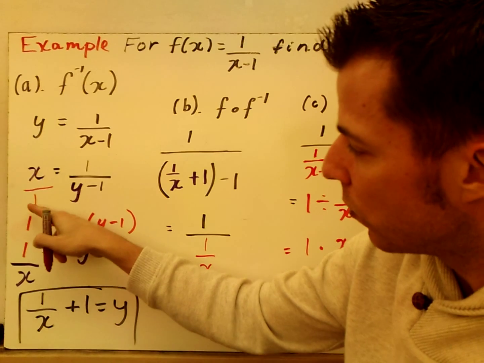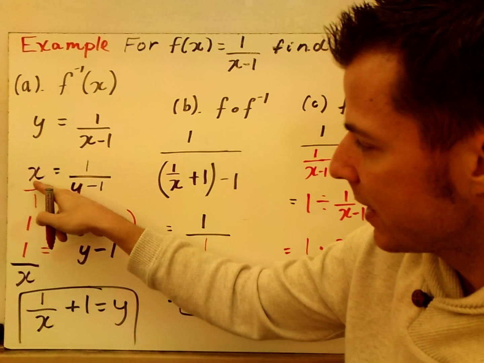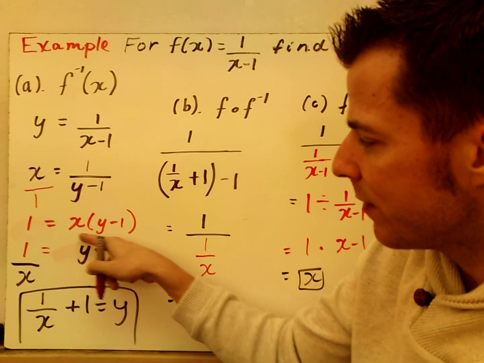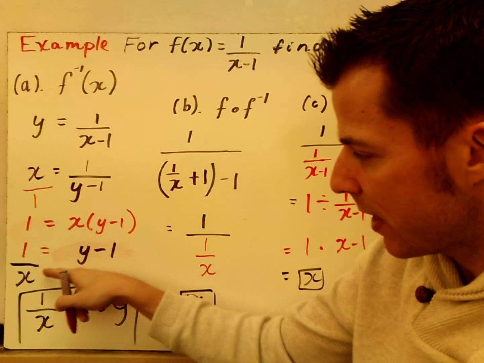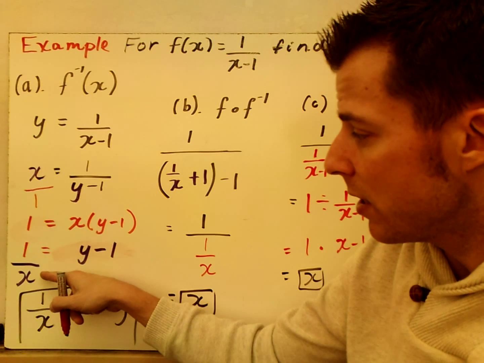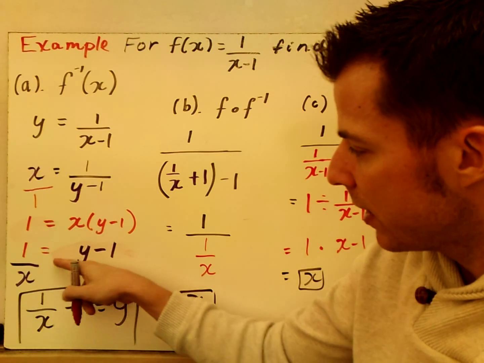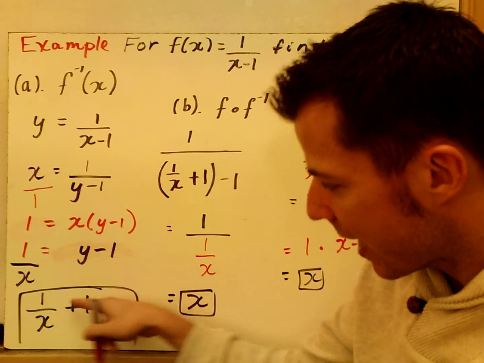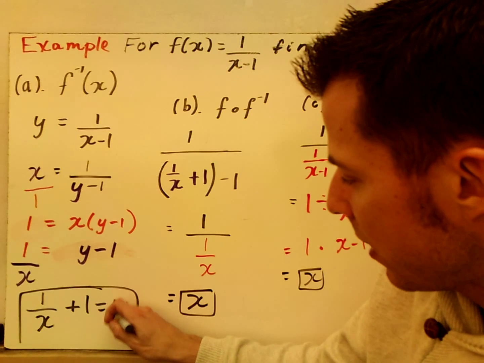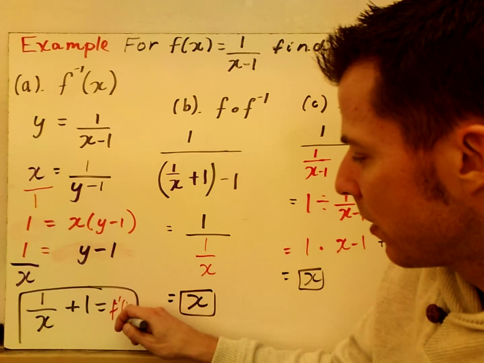So that's why I get 1. 1 times 1 is 1, and then I take x times this quantity. Okay, well then I divide by x. I don't distribute the x, I divide by x quickly, and obviously we know that in this case we can't let x be 0, okay? And then I have y minus 1 here, and then I just add 1 to both sides, so there's my inverse.